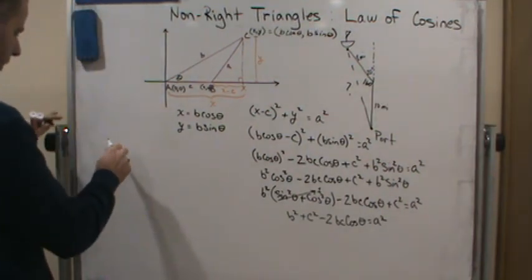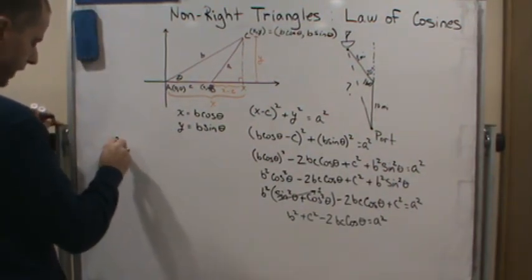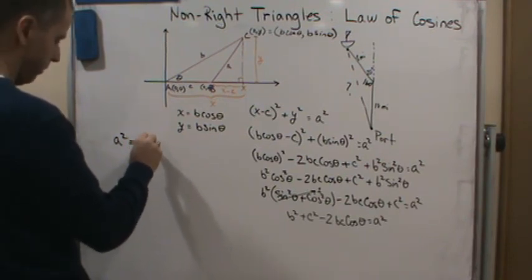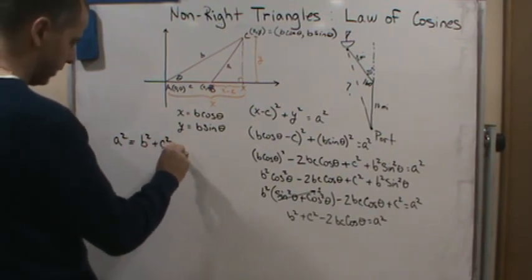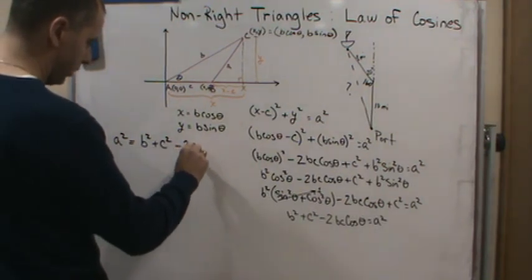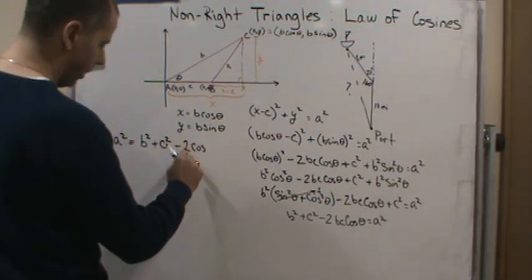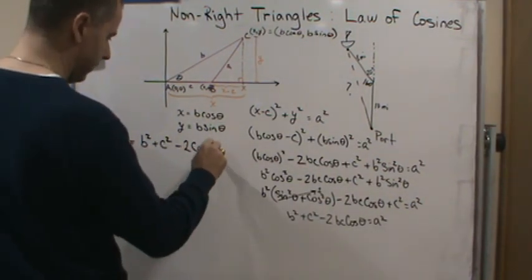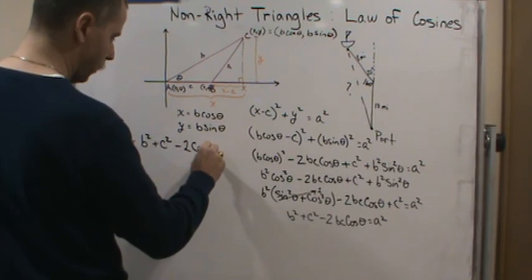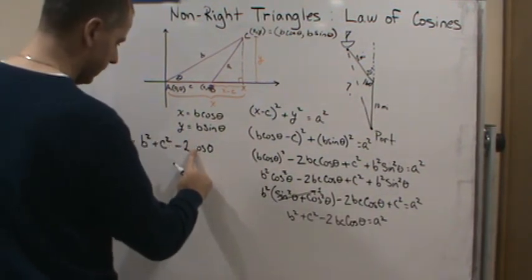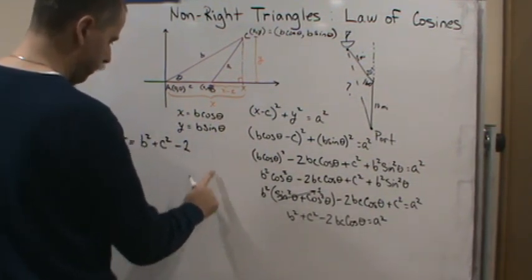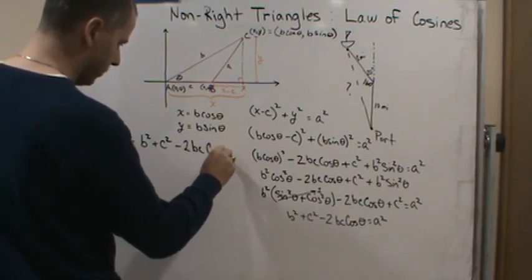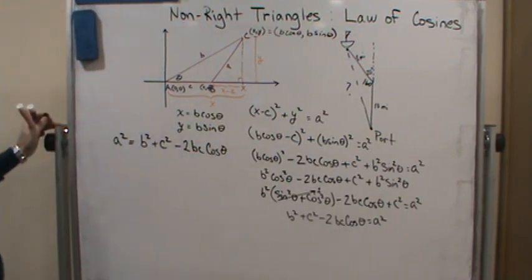So I could have a squared equals b squared plus c squared minus 2bc cosine theta. So that's one.